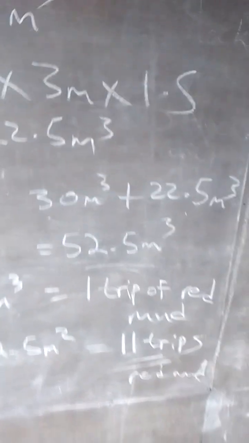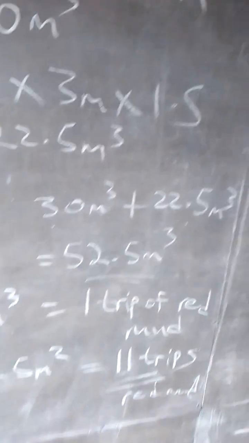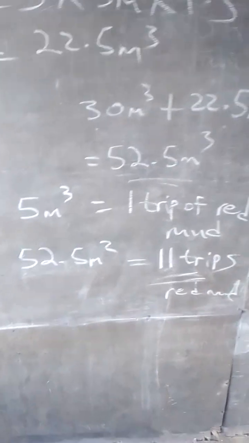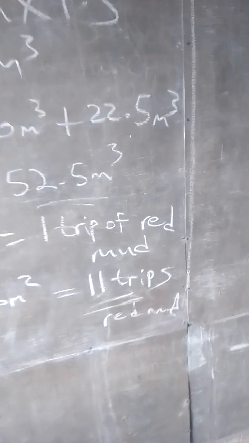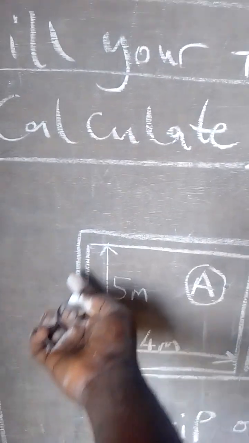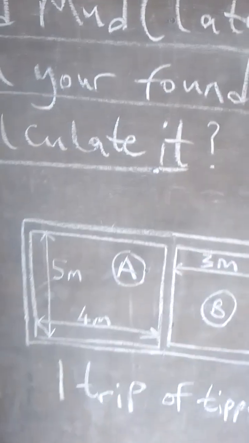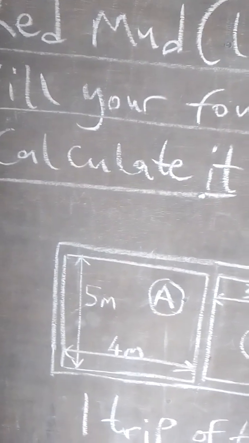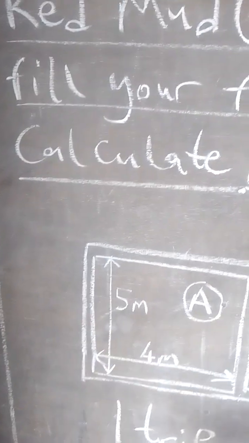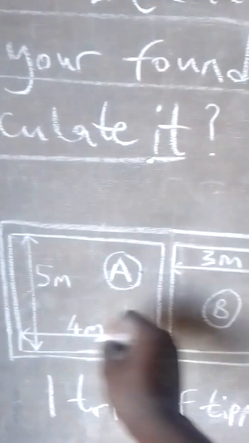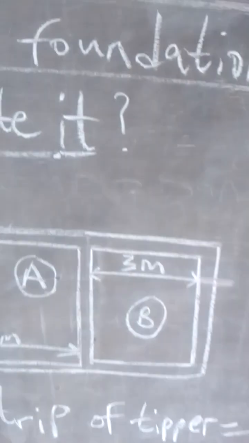Now, on calculation, we got 11 trips of red mud is what is required, but the actual is not always the same. Why? Because during excavation, there was a lot of sand that was excavated from the ground. Those sand that was excavated will also be used to backfill, and most of them will heap up in this area.